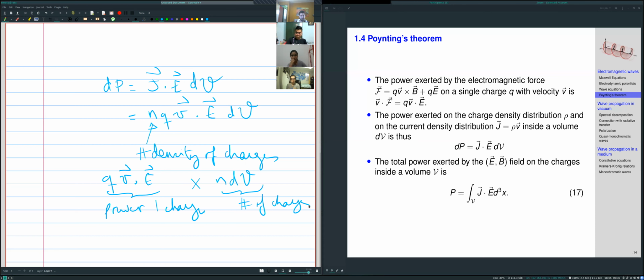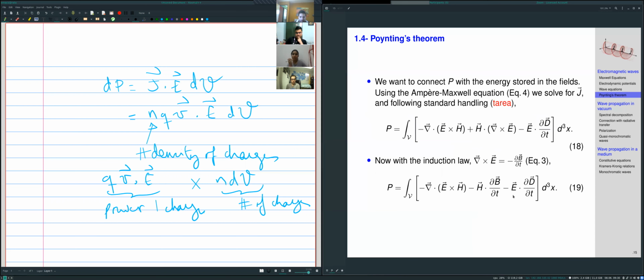So the total power exerted by the electromagnetic field on the charges inside a macroscopic volume V is just the integral of dP. This will be the power exerted by the electromagnetic fields inside the volume.